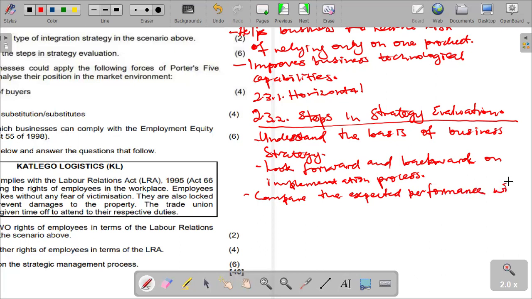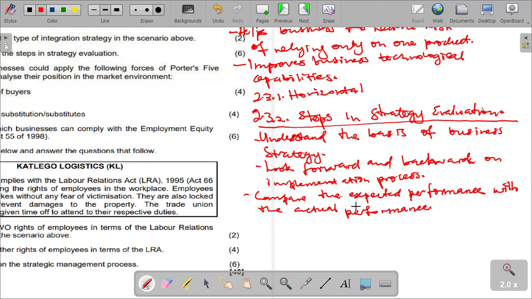This is an evaluation of a strategy, where we compare the expected performance versus the actual, to say what is being expected versus what is actually achieved.